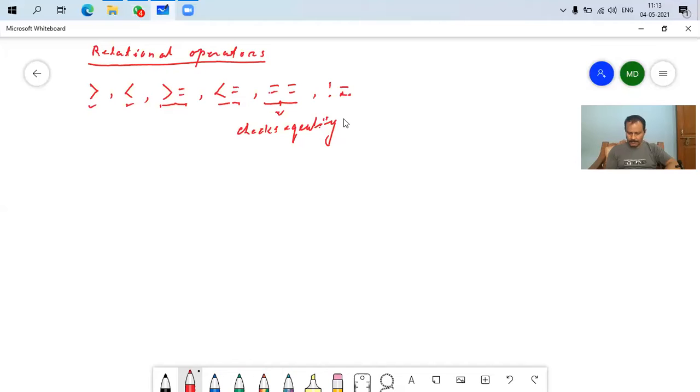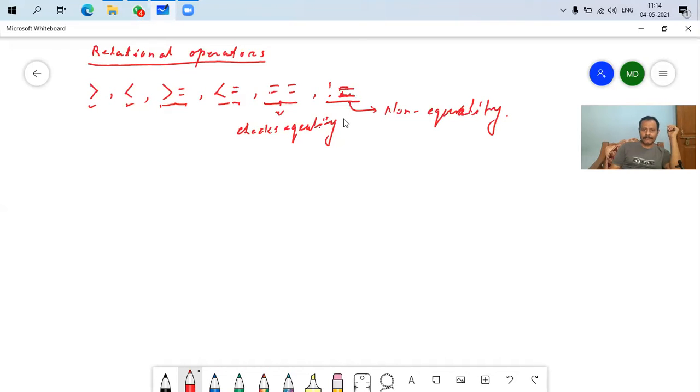And this obviously checks non-equality. The double equals to checks the equality, means it determines whether both the quantities are equal, and the last one checks if both the quantities are not equal.